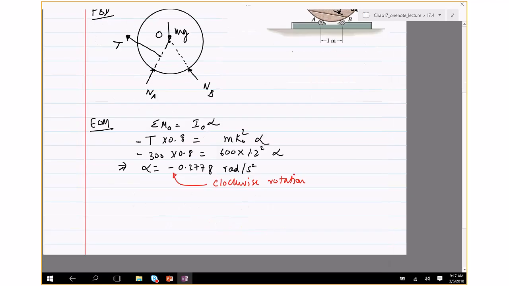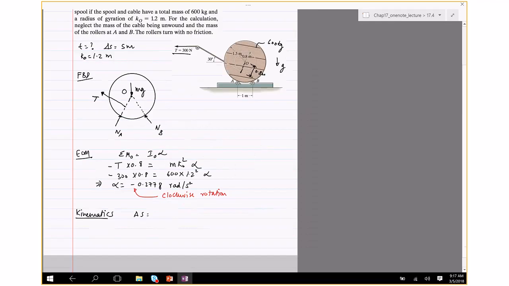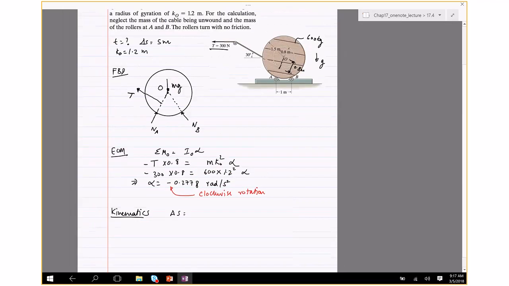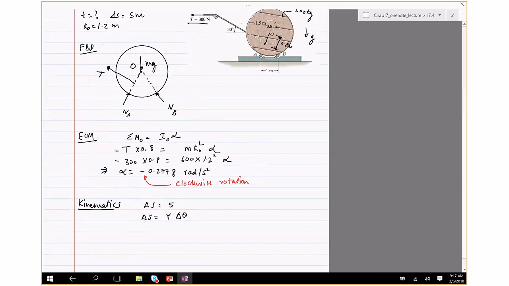So the last part is kinematics. We're given delta S is 5 meters. Okay, delta S is the radius times delta theta, right? What is R? R is 0.8, which is this, times delta theta.